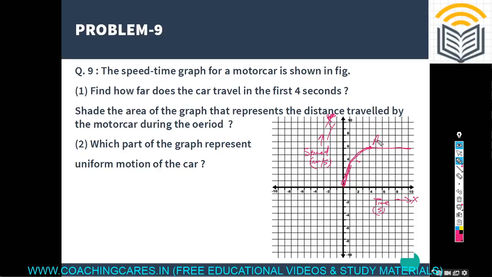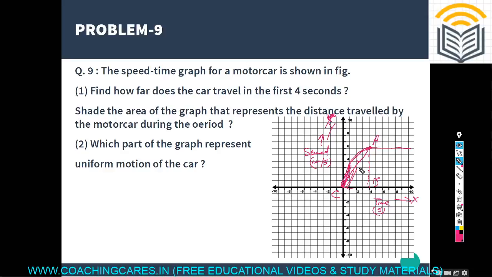This is point A and this is point B at 4 seconds, and this is point C. Let us connect A and C. Okay, so this is one triangle we get.